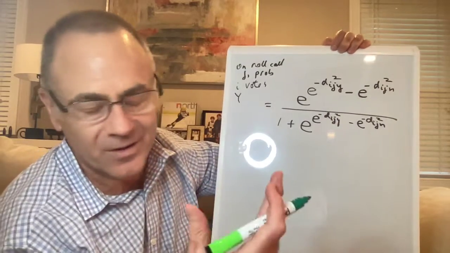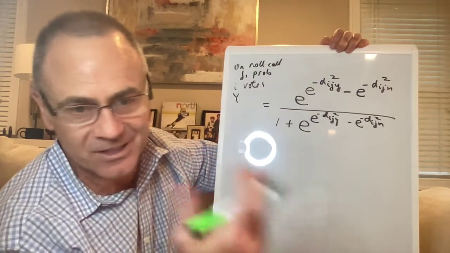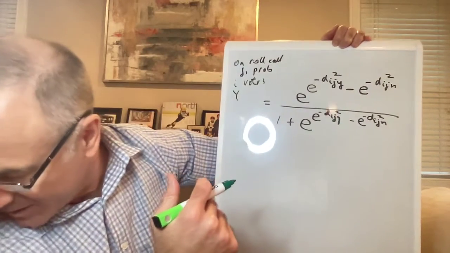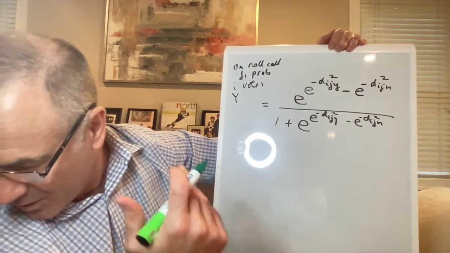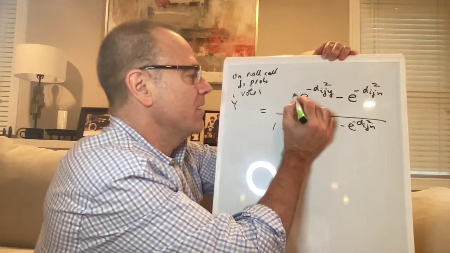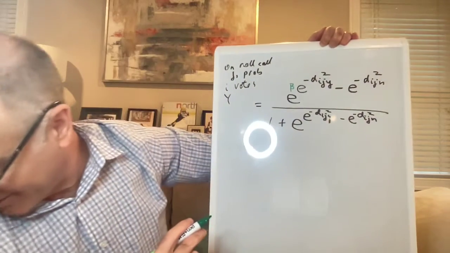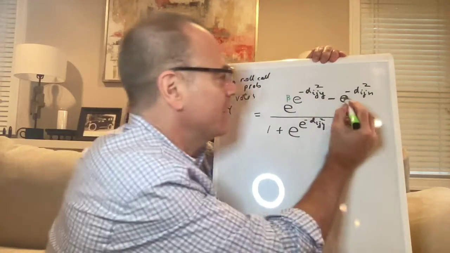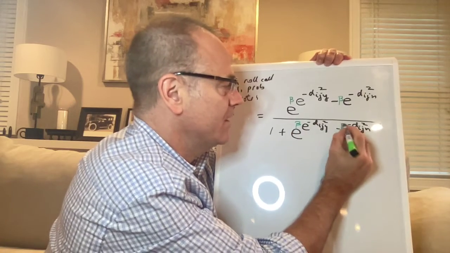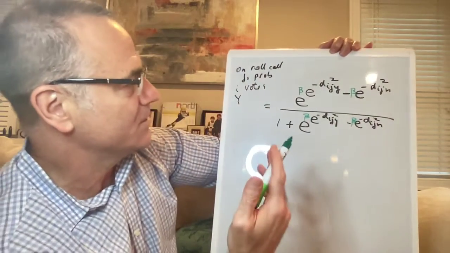The variance of that logistic error term is not 1, it's something else. If so, the way you can handle that is you can put in a beta here. So that's what they do. For the utility, they just multiply beta times the utility.